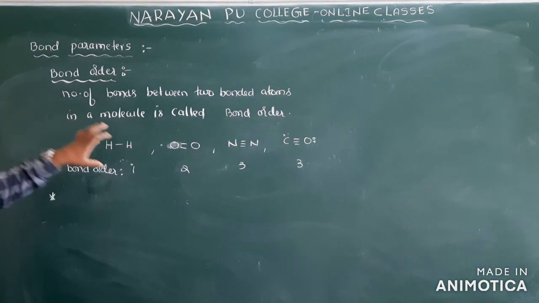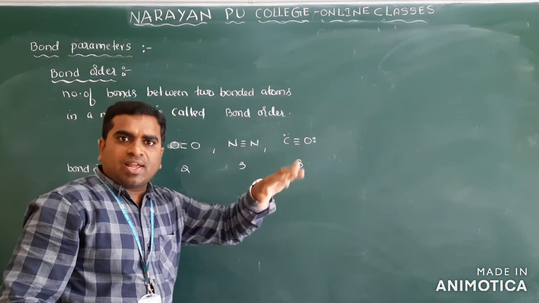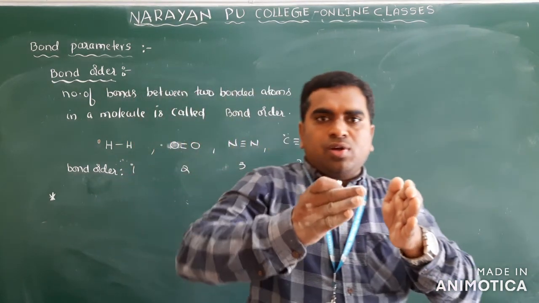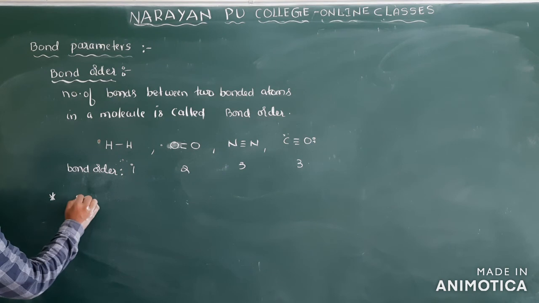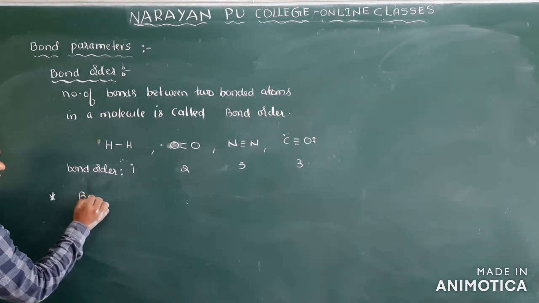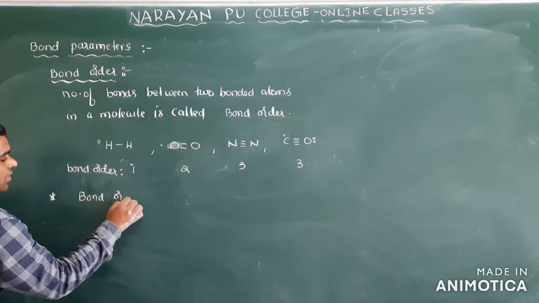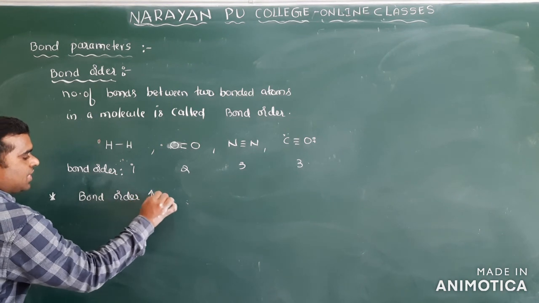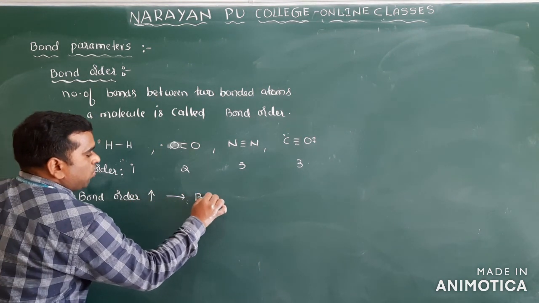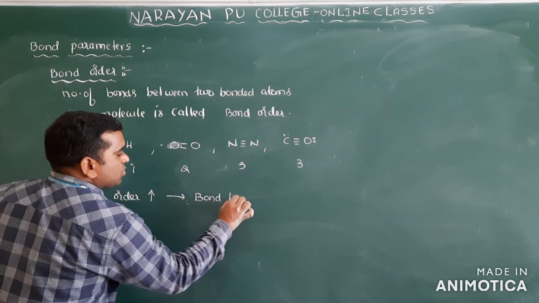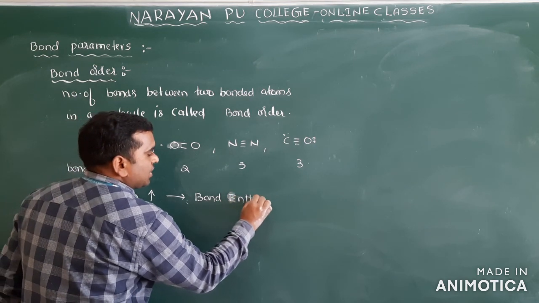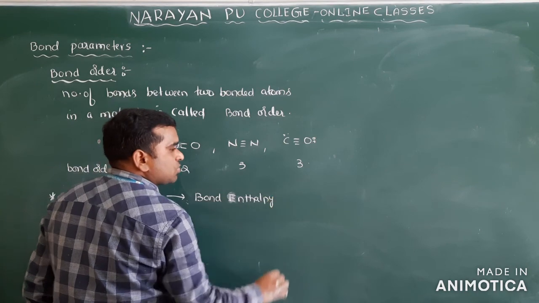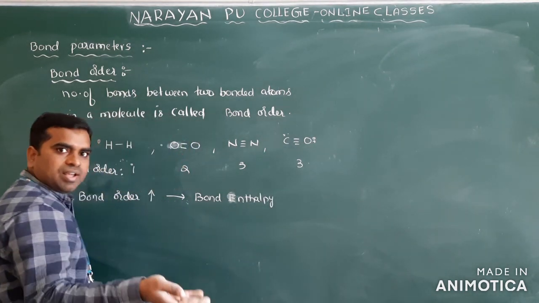So we know the concepts here. As the bond order increases, automatically what will happen? Bond enthalpy increases. That is one concept here. Very important. Bond energy means how much energy is required to break the bond.